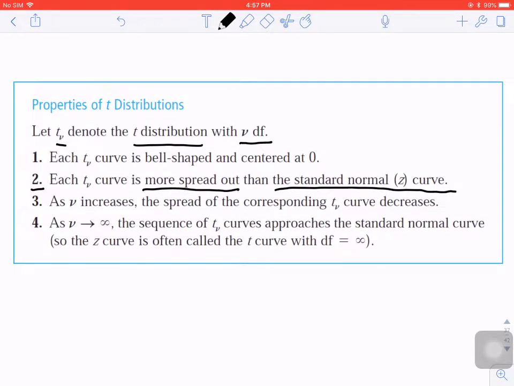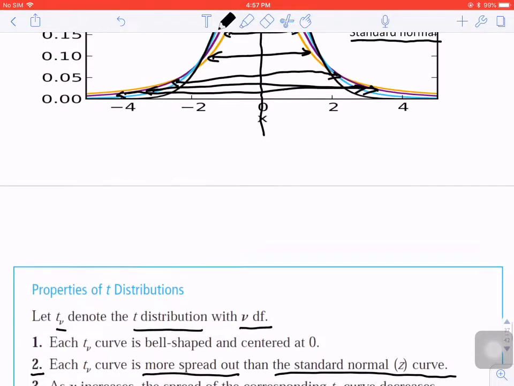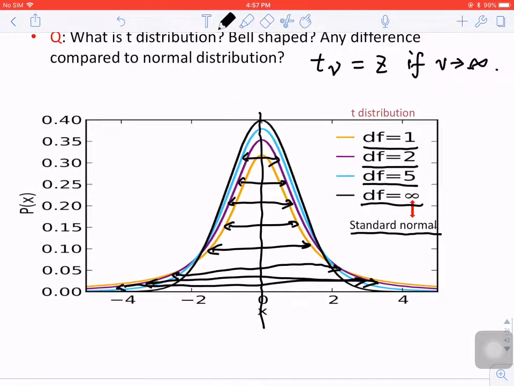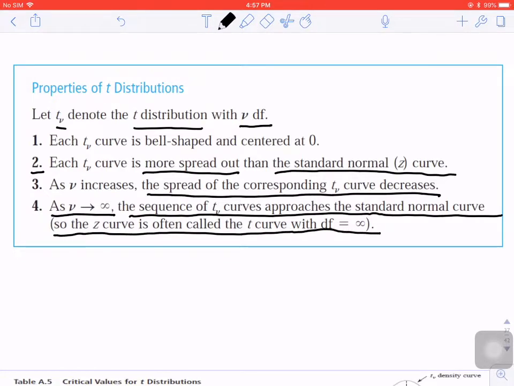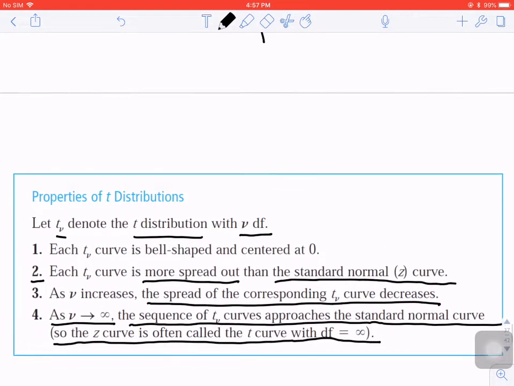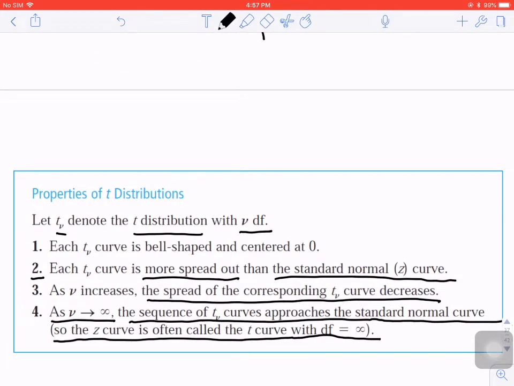The third property: as v increases, the spread of the corresponding t_v curves decreases, as we can see from the graph. The last property: when the degrees of freedom goes to infinity, the sequence of t_v curves approaches the standard normal curve. So the z curve is often called the t curve when degrees of freedom is equal to infinity. Okay, so that's the introduction of the t distribution.